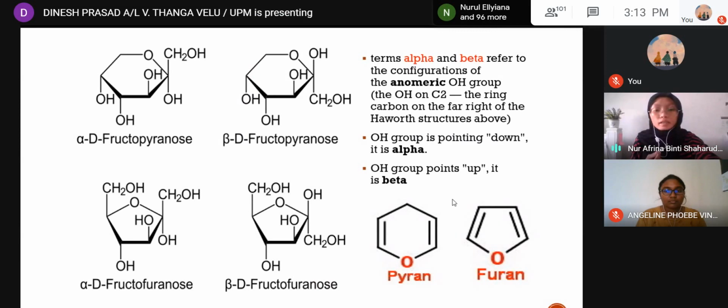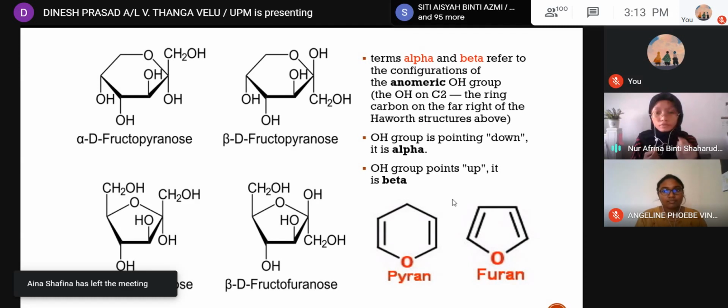From the bottom right, you can see the structures of pyran and furan. Pyran consists of 5 carbons with 1 oxygen atom in the ring structure. For furan, there are 4 carbons with the oxygen atom in the ring. So it is furan.